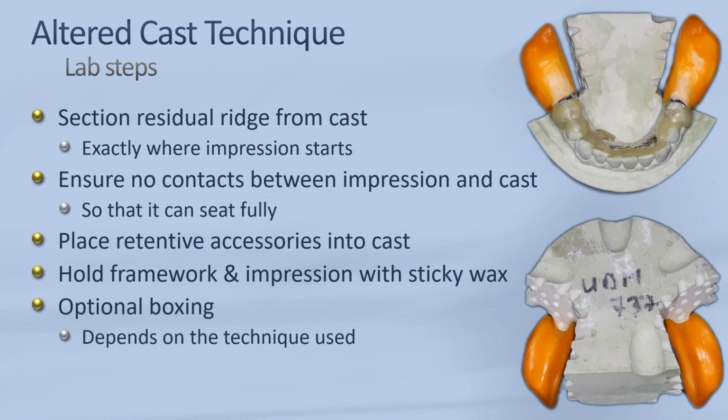Once the impression is given back to the laboratory technician, they will cut the sections where the new impression was taken, and they will place the framework with the impression back on that cast. The section may be boxed or not, and the lab technician will repour that section using another stone.